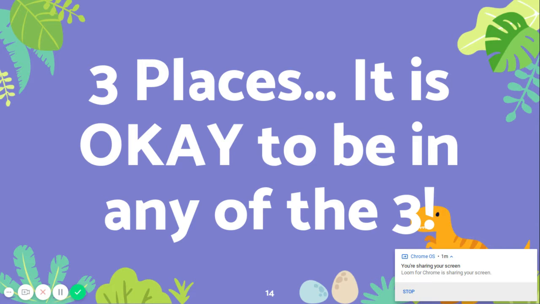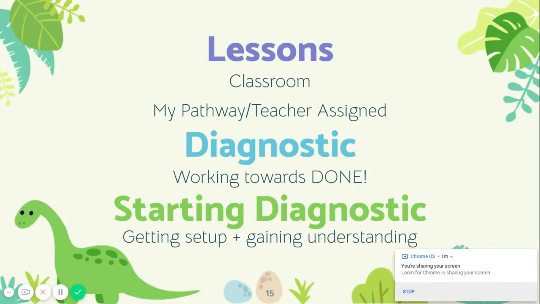By places, I mean there are 3 places where we could be academically, I guess. And it's okay to be in any of those 3 places right now because it's so early in the summer. So the 3 places where we could be as a 5th grade student are going to be called lessons, diagnostic, and starting diagnostic.